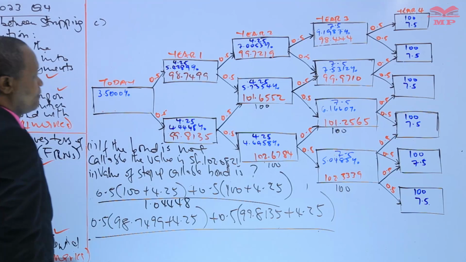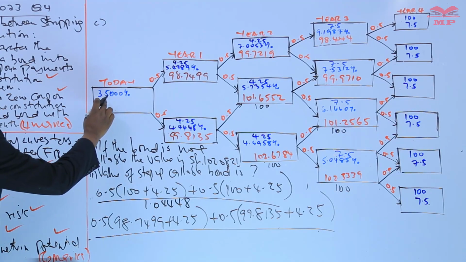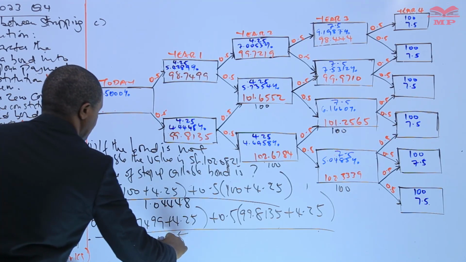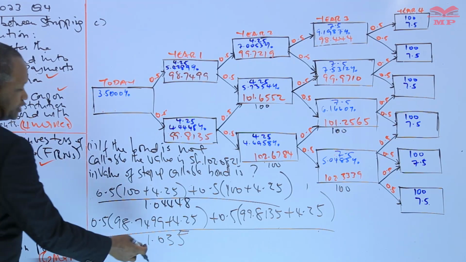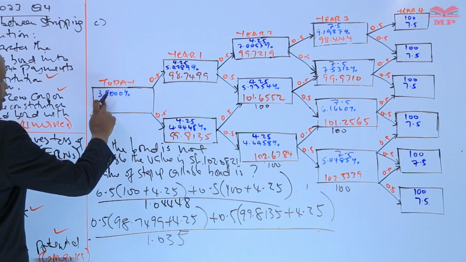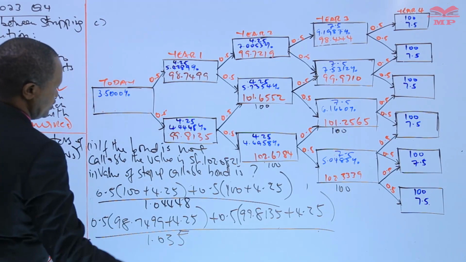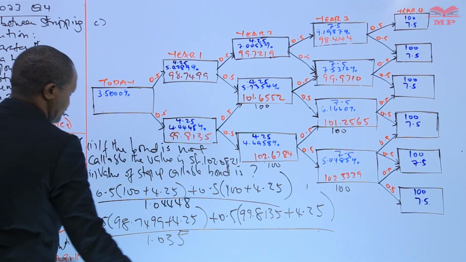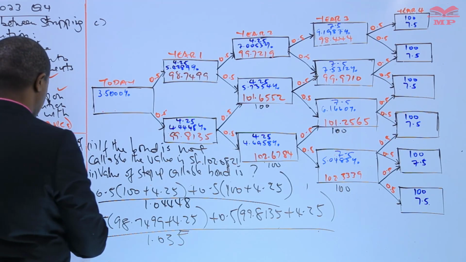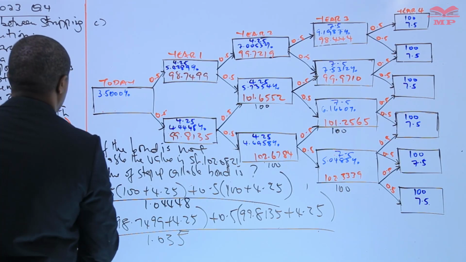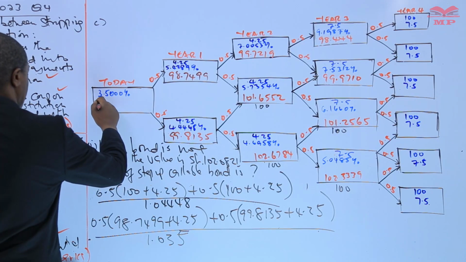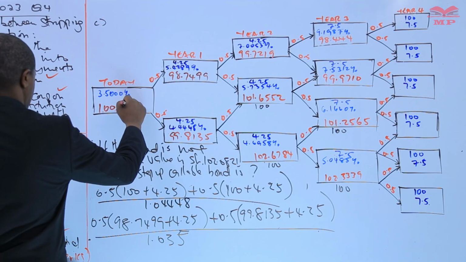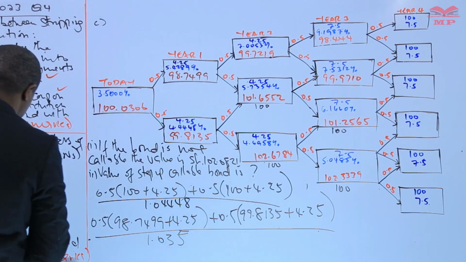Divide all that by 1.035. This is 1 plus R. Our R is 3.5. Converted into decimal, we have 0.035 plus 1, we get 1.035. Which gives me the answer here, 100.0306. That is the answer.